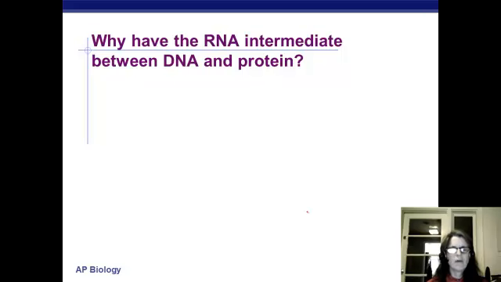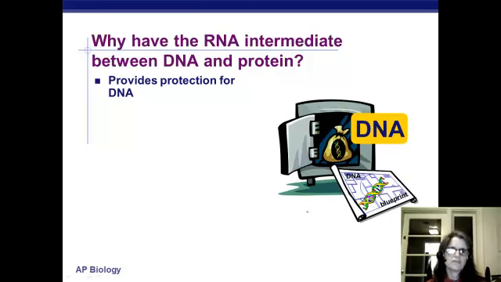Okay. Now, why have this intermediate? Why not just go straight from DNA to protein? Why have this RNA jazz in the middle? Well, it does provide some protection for the DNA molecule. DNA is the precious genetic information, and generally speaking, we don't send our most valuable documents just out into the world.